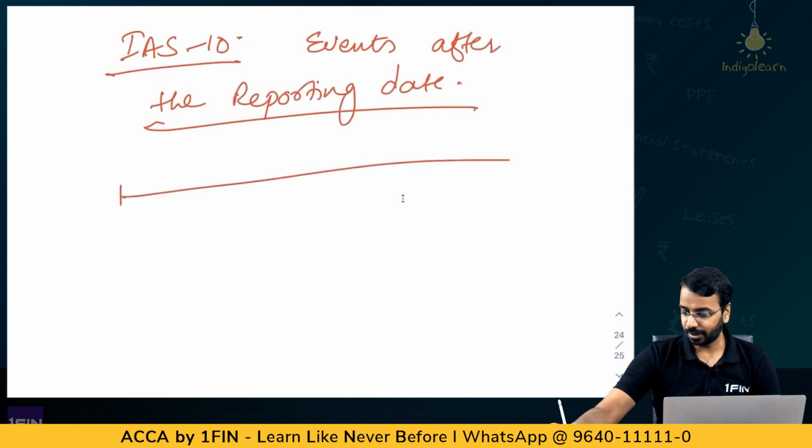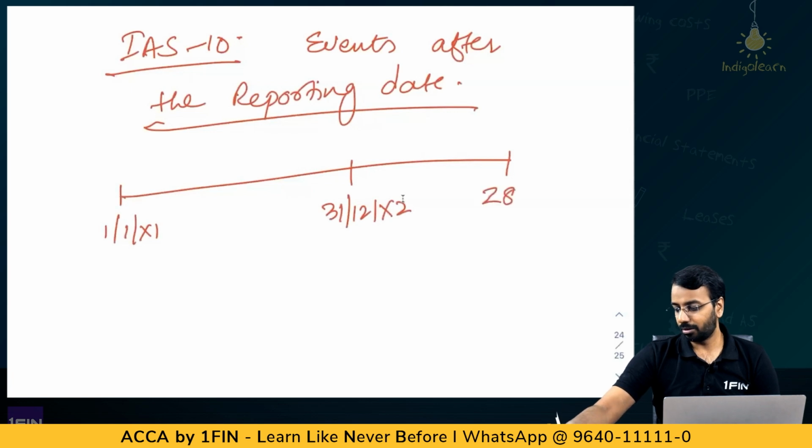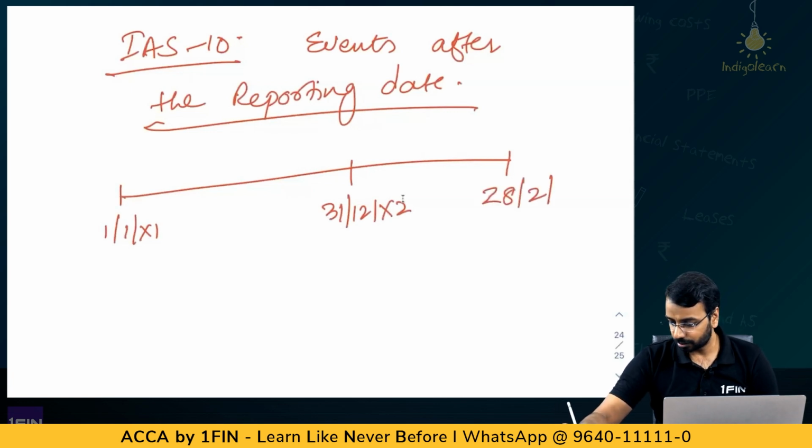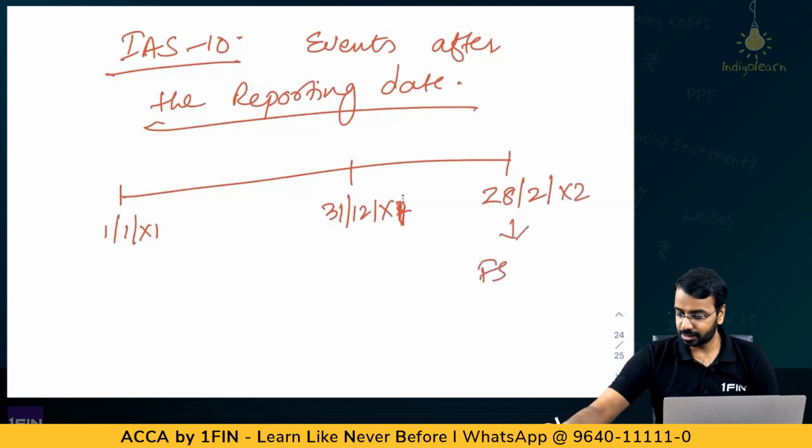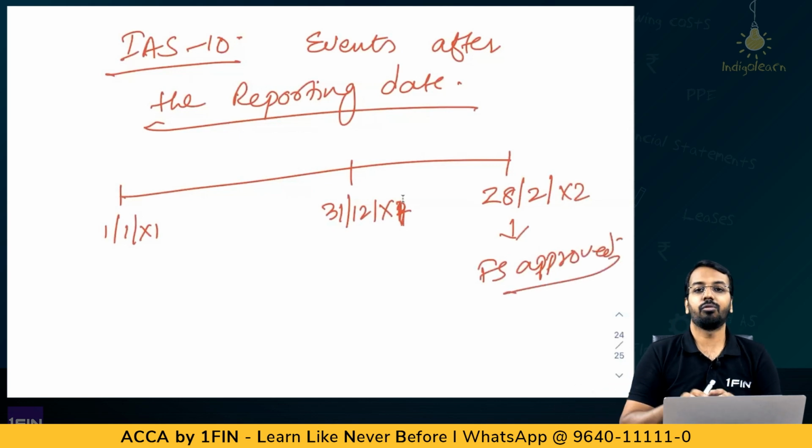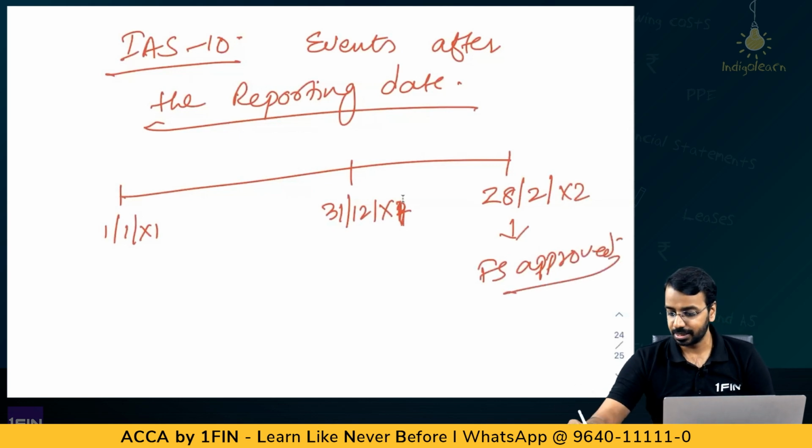So say this is the financial year, 1st of January of year 1, 31st of December of year 1, and let us say on 20th of February of year 2, this is the date on which financial statements are approved.